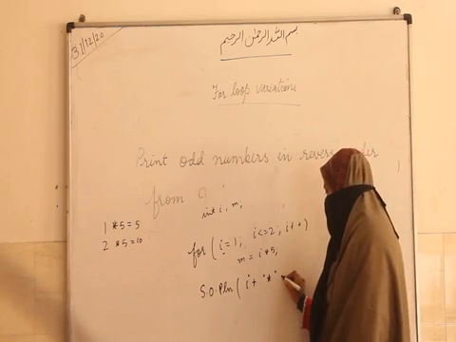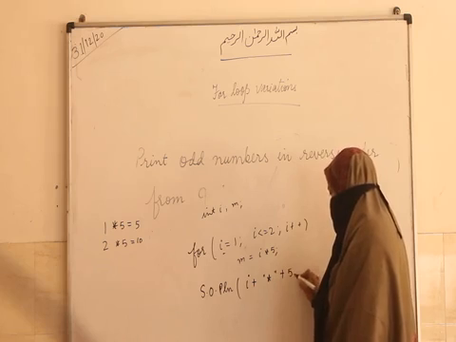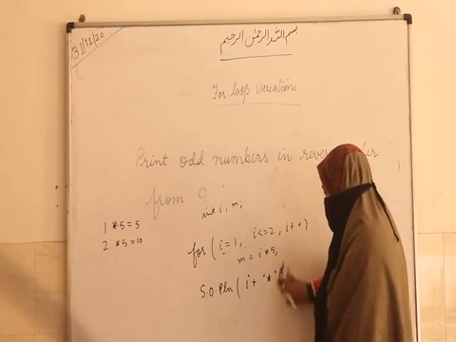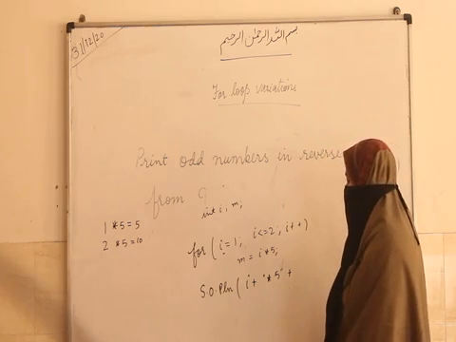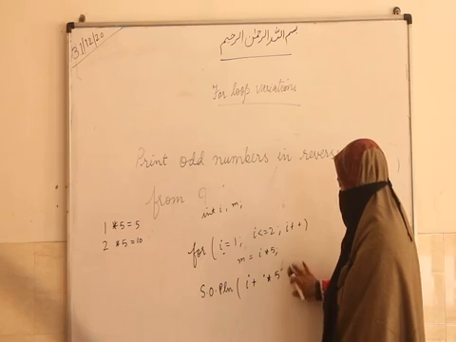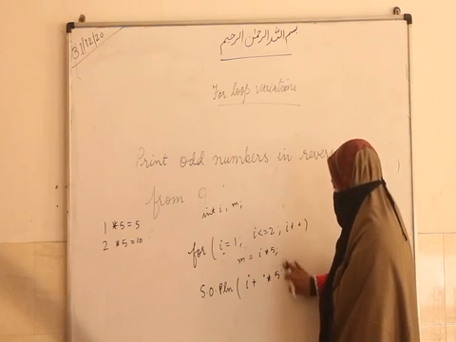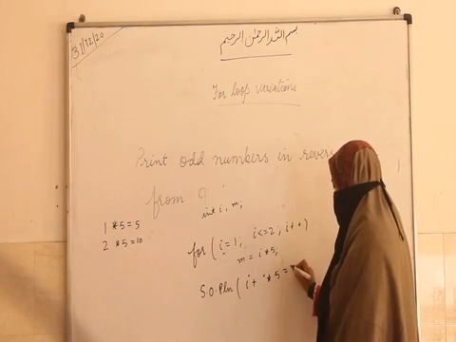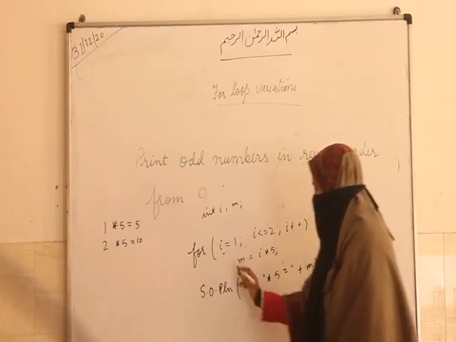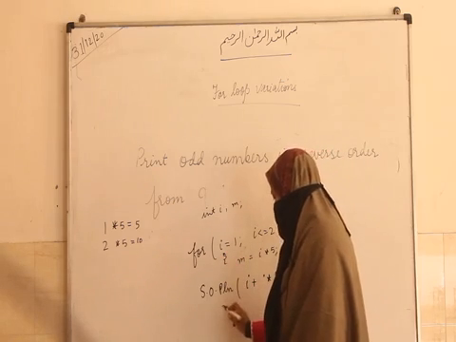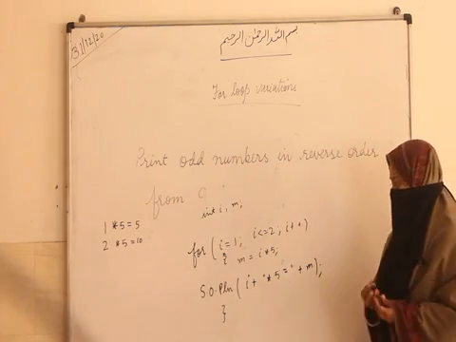I will write now i asterisk 5 only in double quotes. Yes, you can write i asterisk 5 plus m is equal to m. You can write here also i asterisk 5 equal to plus m. Yes, 2 statements are there, so I will enclose them in curly brackets. Okay.